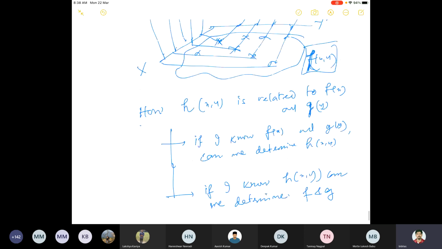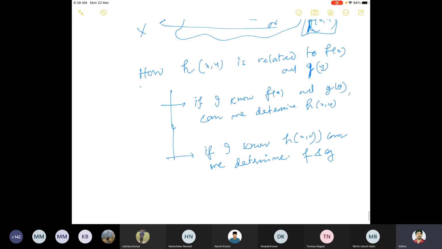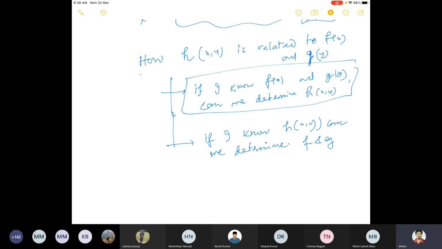It is easy to understand for the case of discrete and countable. Here, what we are saying is, if I know the probability that this is happening, this is what is fx. If I know the probability of X equal to x, that means the capital X is taking some value small x, and if I know gy, that means Y equal to some y, can we determine h of xy?